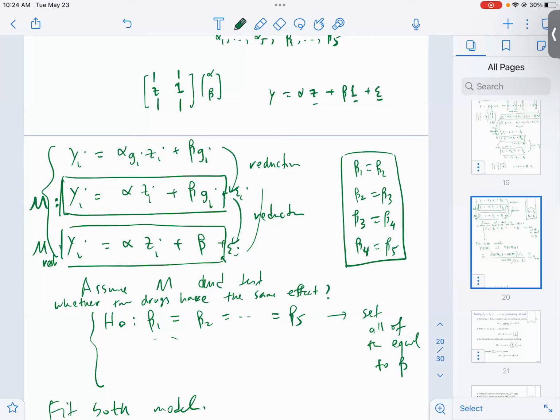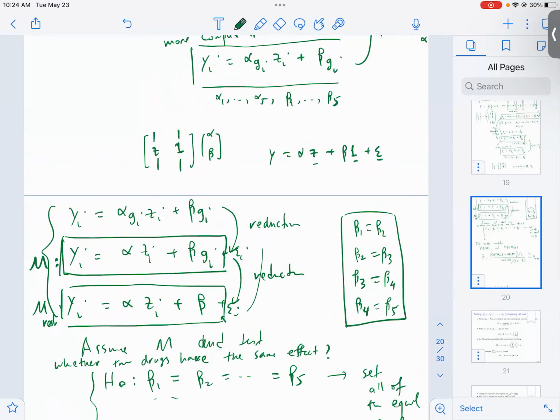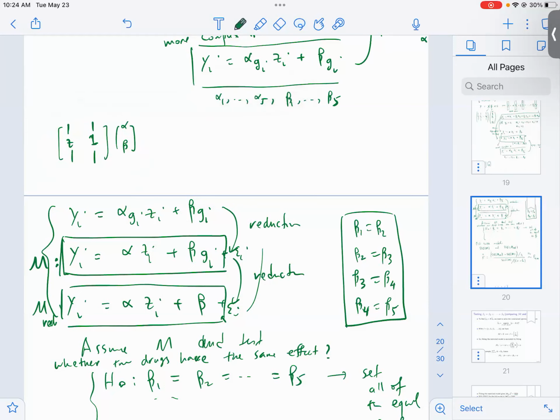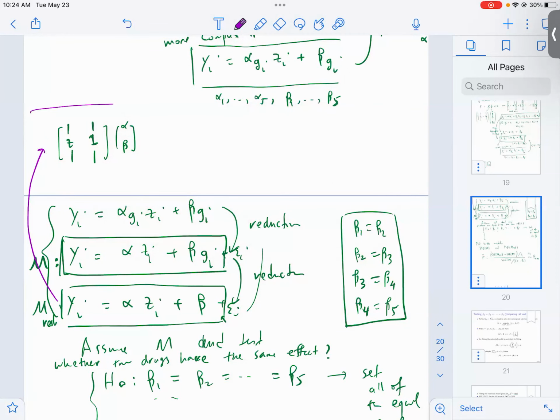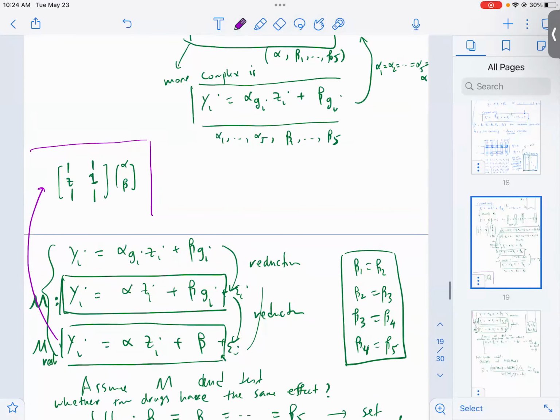But if you want to do it, is this sort of clear? So if you want to do it, it's a little bit messy if you look at it later. So that's one way. That calculation that we did, beta is equal to 1, 0, 0, 1, 0, 1, 0, 1, 0, 1.